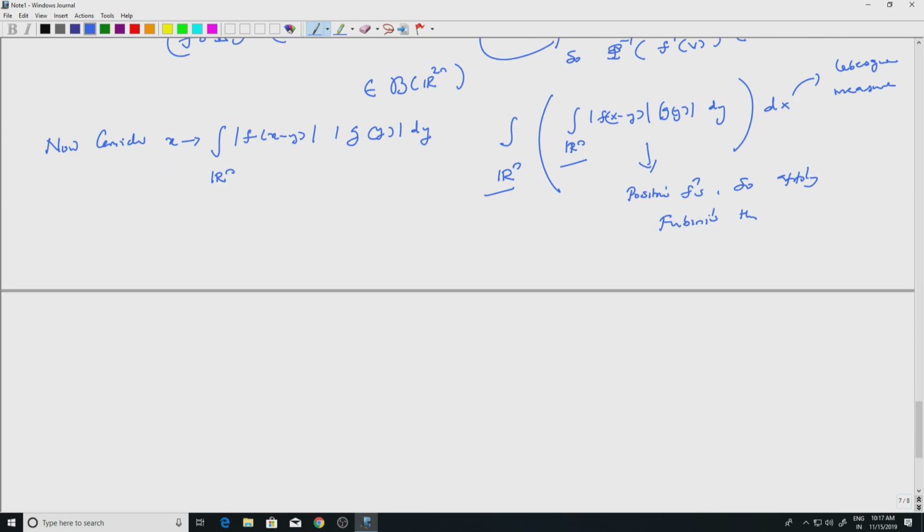So it doesn't matter what order I integrate, right? So instead of integrating with respect to y first, I will integrate with respect to x. This g has nothing to do with x, so that comes out. So I will have modulus of g of y, and then the integral over R^n of modulus of f of x minus y dx, dy. So that is just Fubini's theorem.